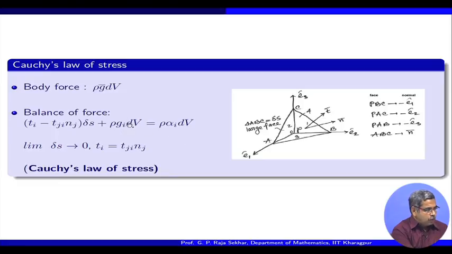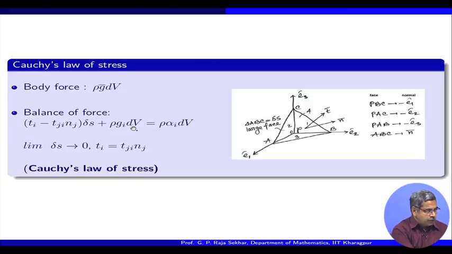Why? Because the body force is acting on a volume. And also this is the actual force due to the fluid momentum. This is again a volume term, but stresses act on the surface, therefore this is a surface element.